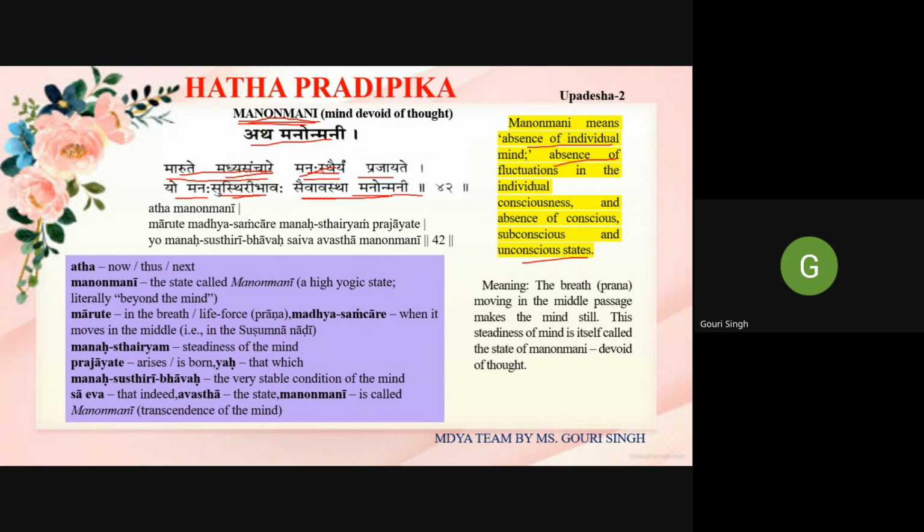The unsteadiness becomes steady, and he is able to control his mind. That state is called the Manomani state, devoid of any type of thoughts. That means no thoughts arise in that situation. So that state is called Manomani.